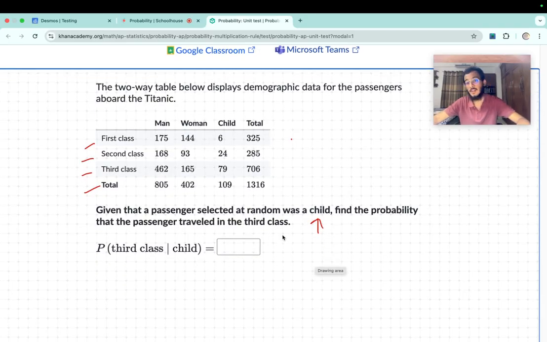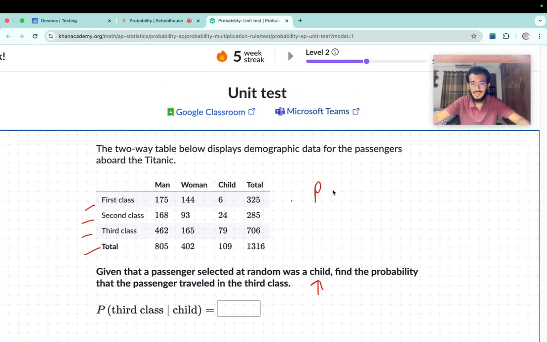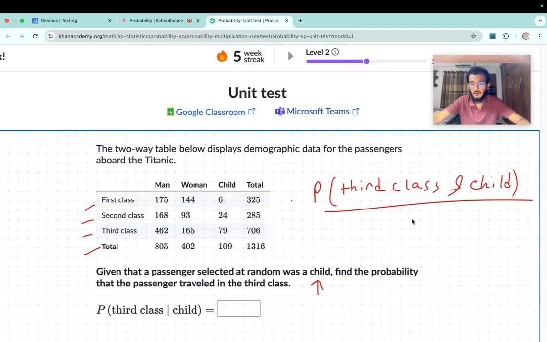Given that a passenger selected at random was a child, find the probability that the passenger traveled in the third class. This is a conditional probability, and we know the formula: this would equal the probability of third class and child over the probability of child.